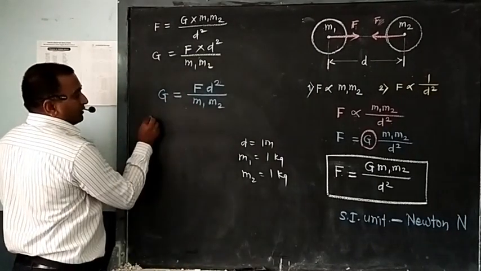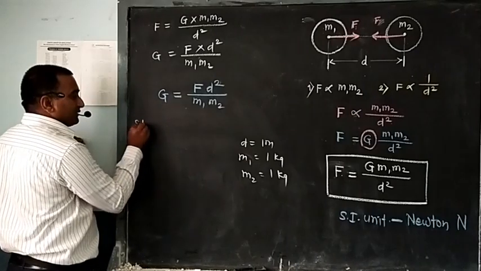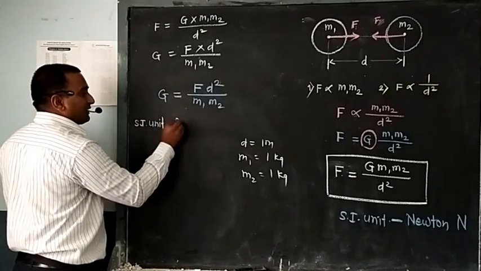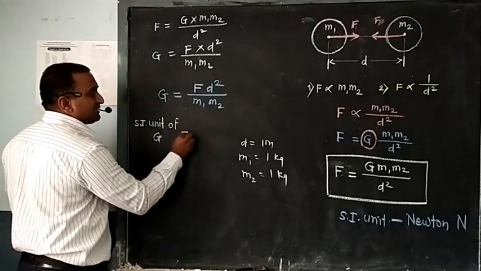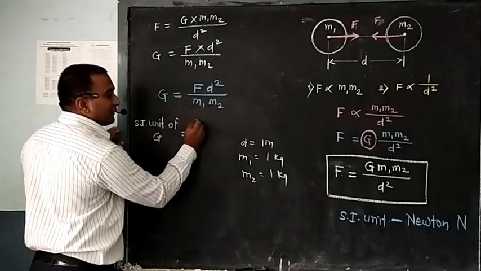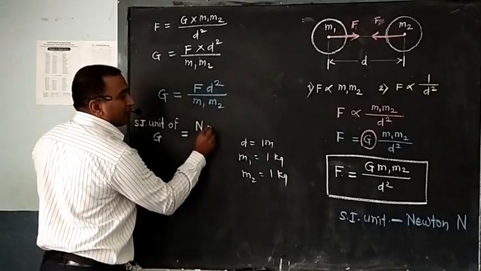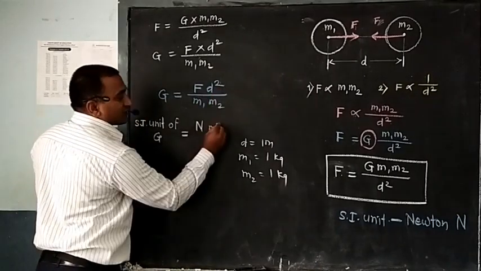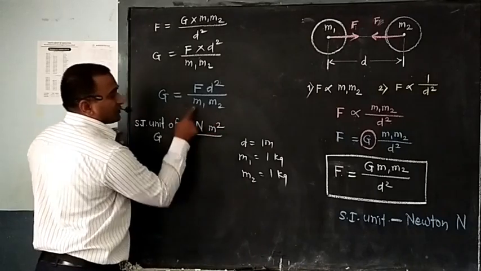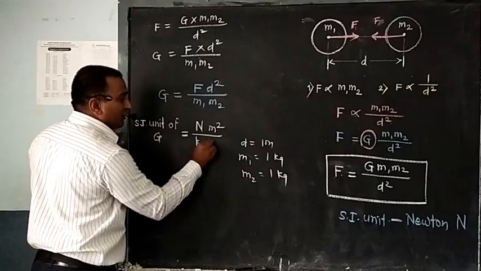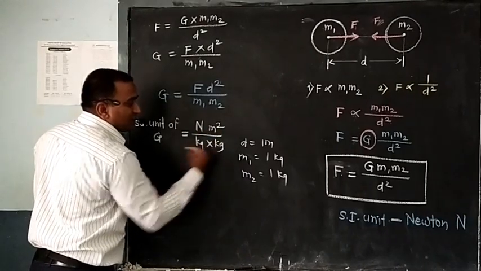So the SI unit of gravitational constant G: force is measured in Newton, distance is measured in meter, and so d square is meter square. Mass is measured in kilogram, and the second object's mass is also kilogram.